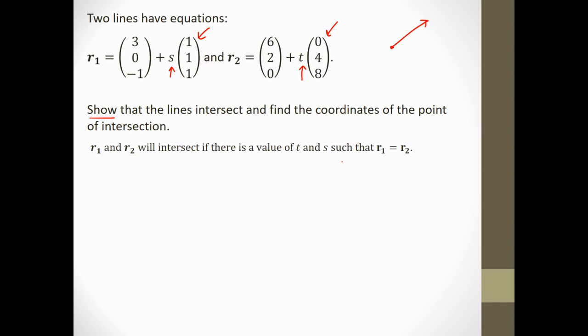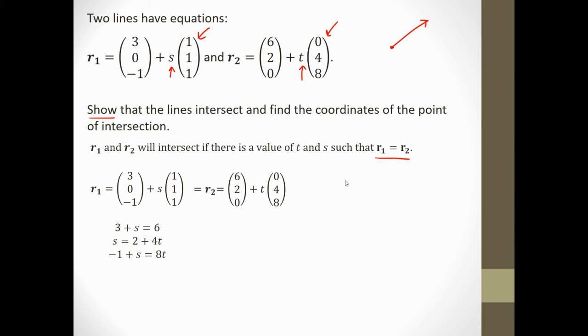So if this is true, there should be a value of t and s that would make the equations equal to each other. So we need to find those values of t and s. And the way we do that is we set them equal to each other. Nothing's really fancy happening yet.